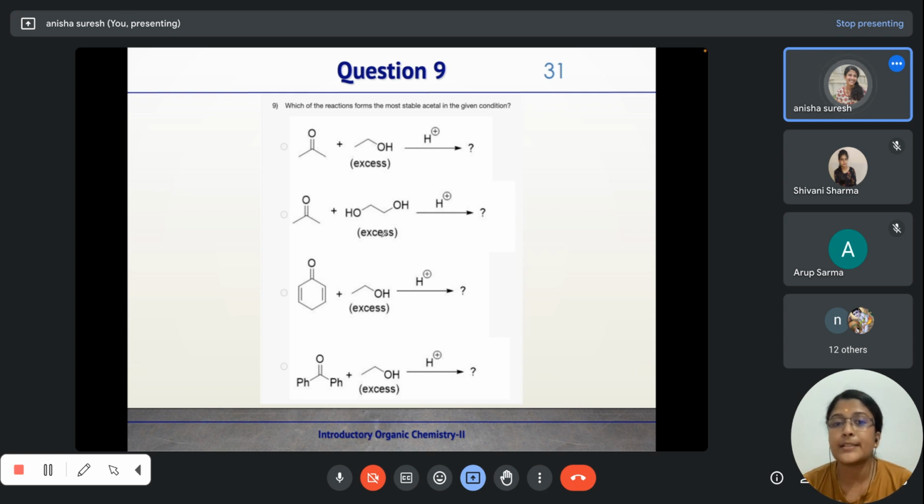Then acetone plus ethylene glycol in presence of H plus will give one acetal. Then this cyclohexanone with two double bonds treated with ethanol in presence of H plus will give an acetal, and benzophenone treated with ethanol and H plus will give an acetal. So which will be the most stable acetal?